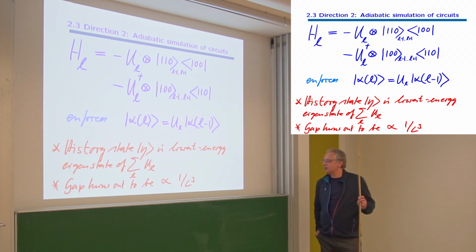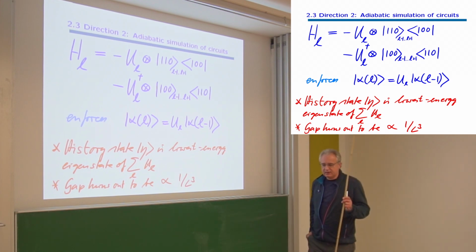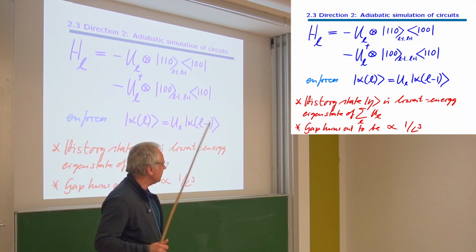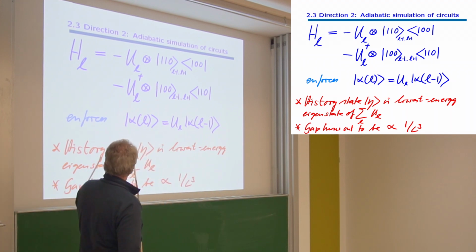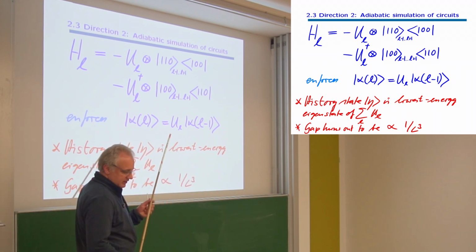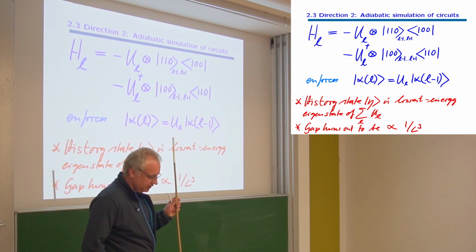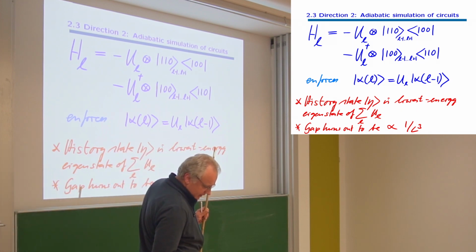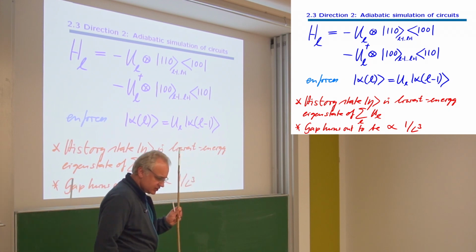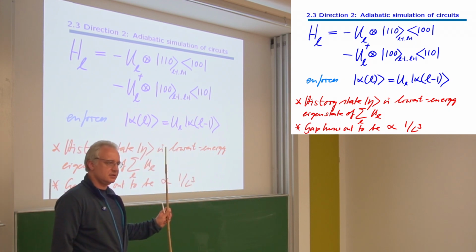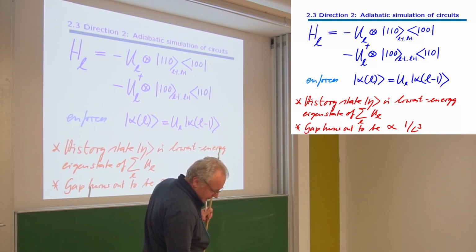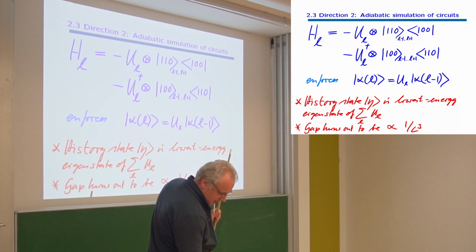The adiabatic theorem tells you that you pay a price when you do this adiabatic evolution towards this Hamiltonian H final, but it remains polynomial. Good. So this is basically the extent to which I wanted to explain that construction, and all details you find in the paper, if you want.